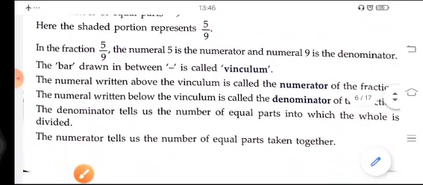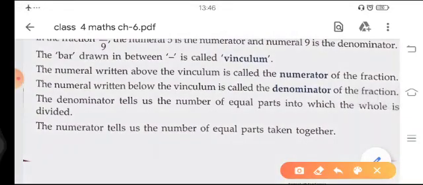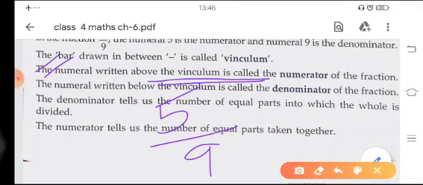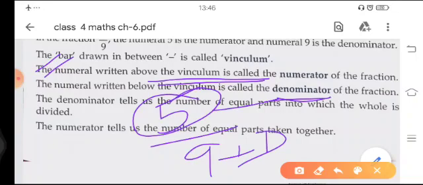Here a definition is also given: the numeral written above the vinculum. Vinculum is this bar sign, and if you are writing 5 upon 9, then the upper part of the vinculum is 5. So it means that 5 is the numerator and the number written below the vinculum is known as the denominator. So 9 is what? 9 is the denominator.